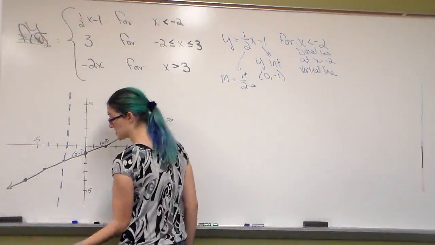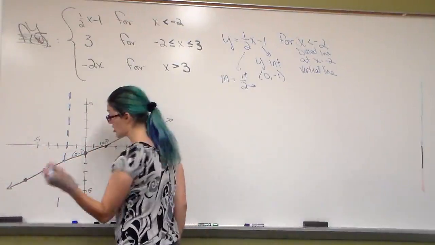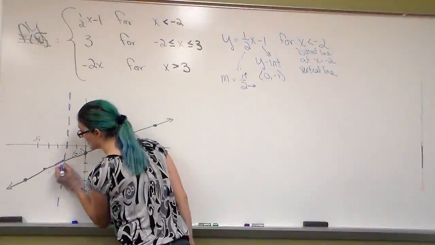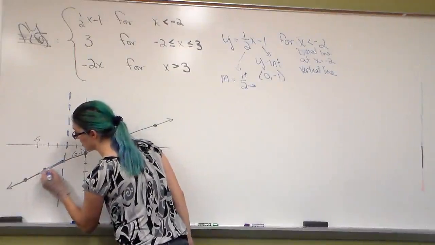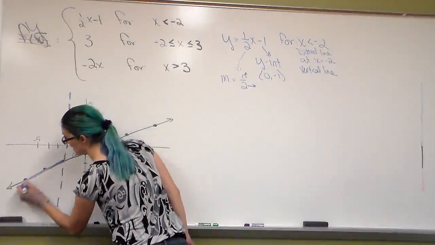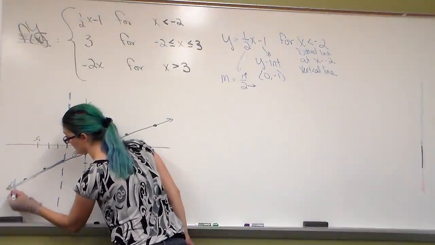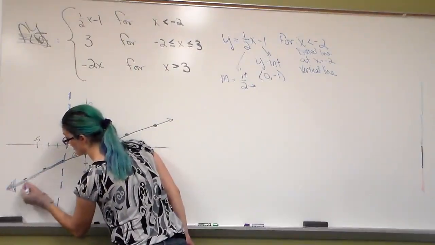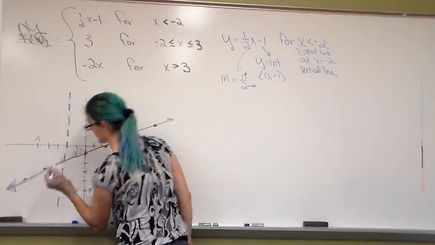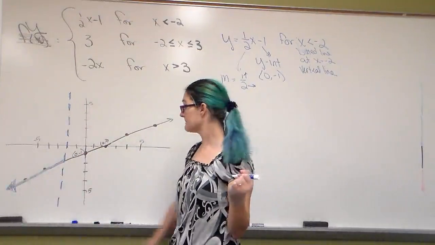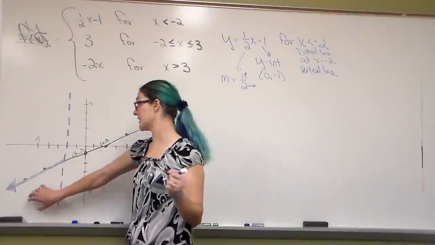So I'm going to take my pencil line, and in my blue marker, I'm going to make it thicker. This is blue. Okay? So this part is my actual answer for the first line.